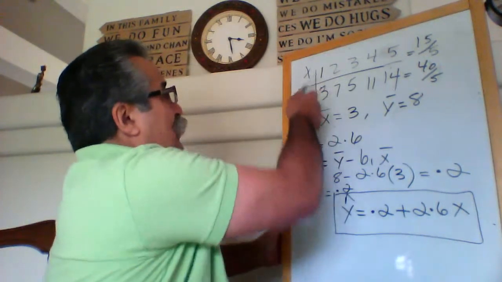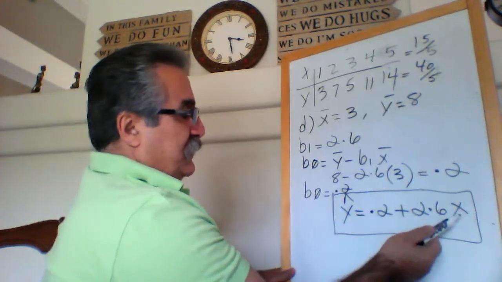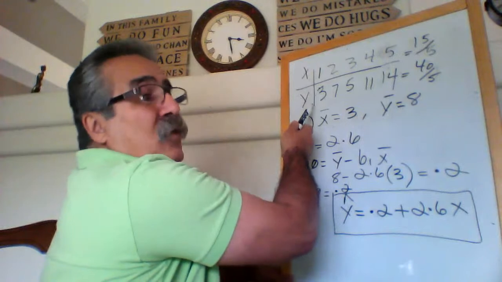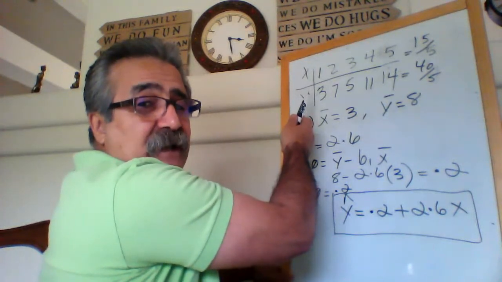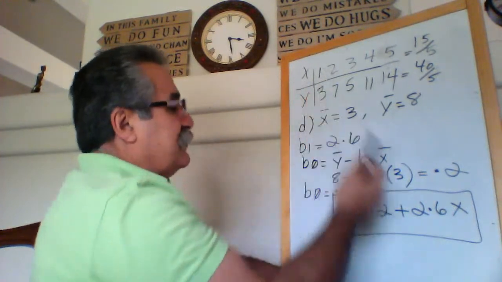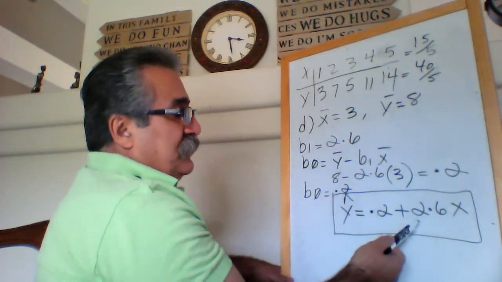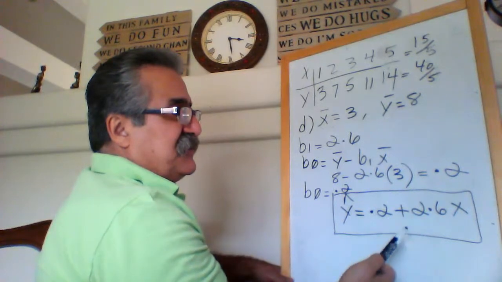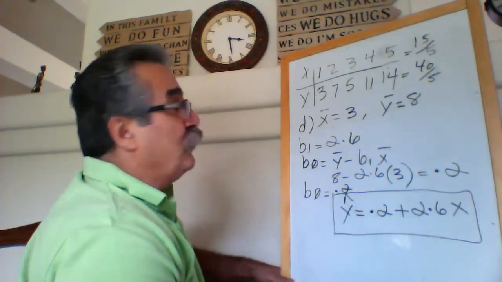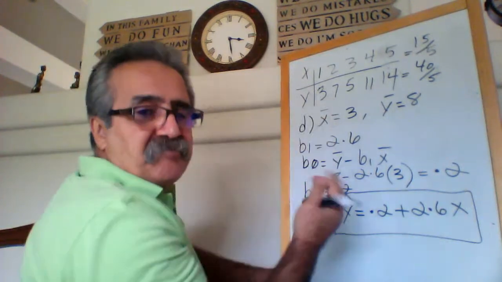Let's say that x is equal to 1. 2.6 plus 0.2 is 2.8. The actual value is 3. Close enough. X equal to 2: 2 times 2.6 is 5.2, plus 0.2 is 5.4. The actual is 7.